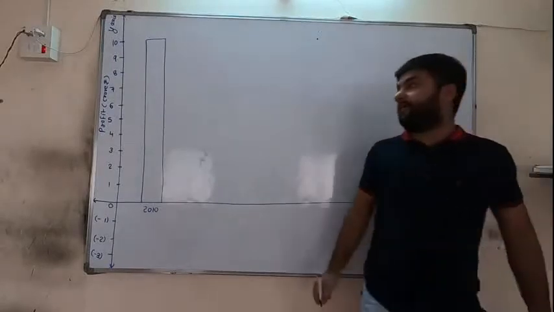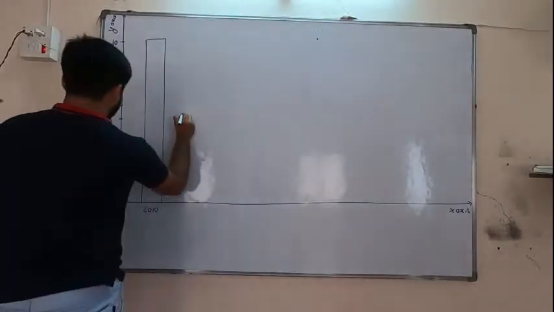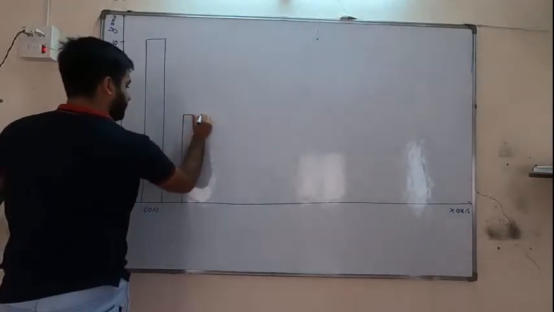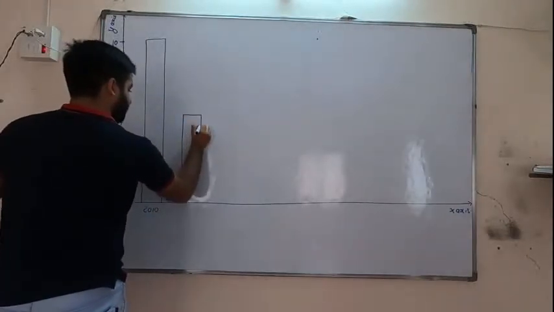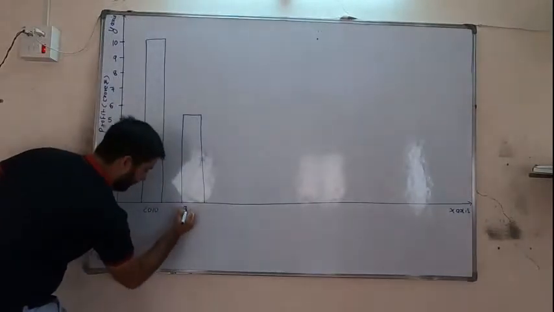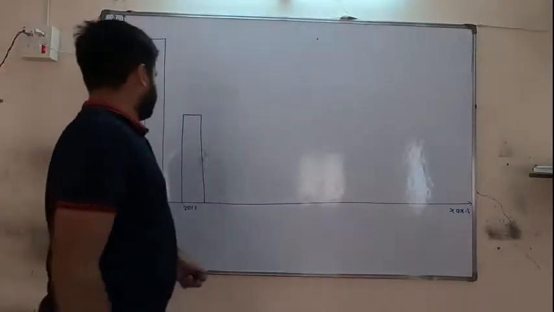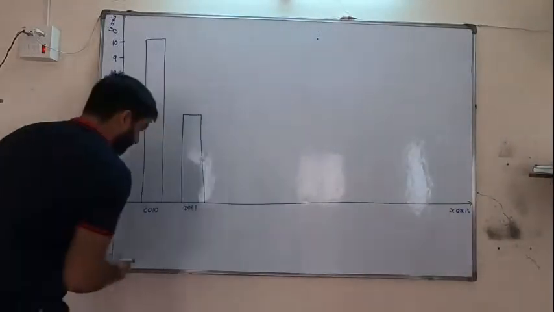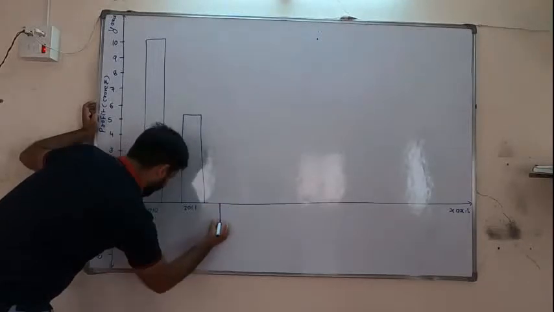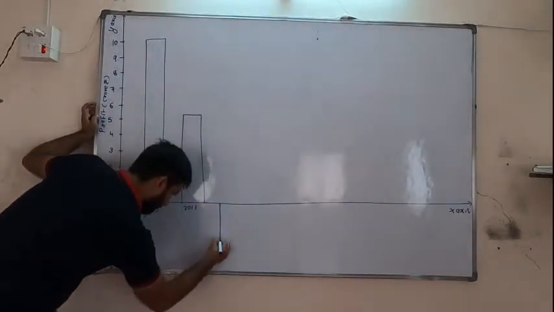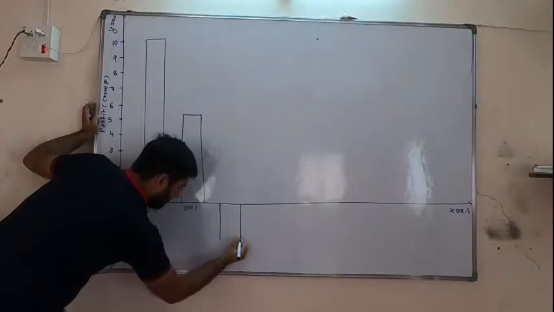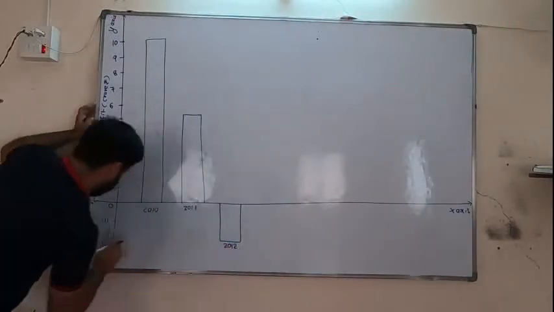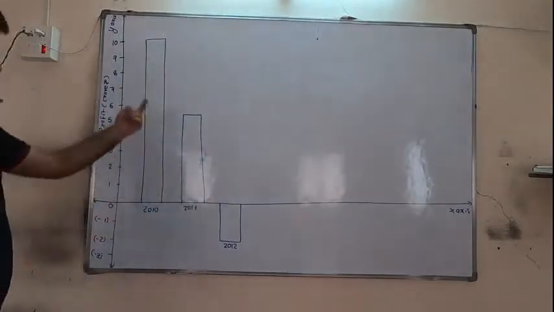Then 2011, 5 crores. 2012, minus 2, so it will come in this way. 2012 we have minus.